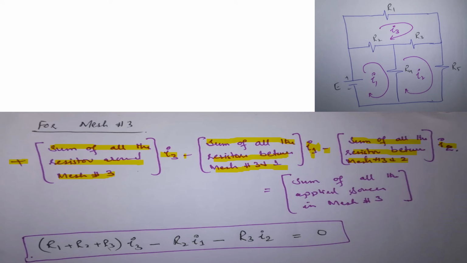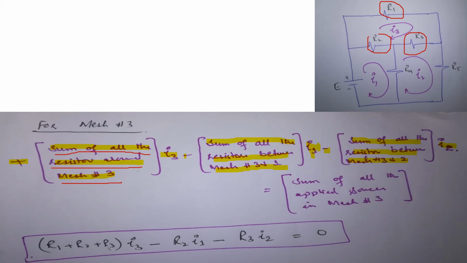Now we can substitute the values into this equation. The sum of all the resistors around mesh 3: we have R1, R2 and R3 around mesh 3.